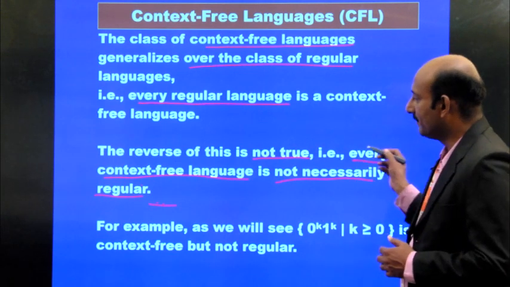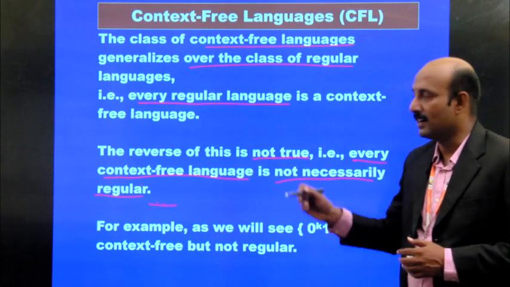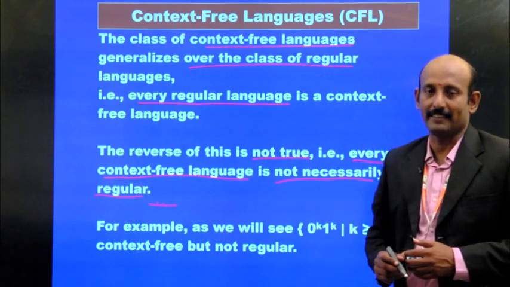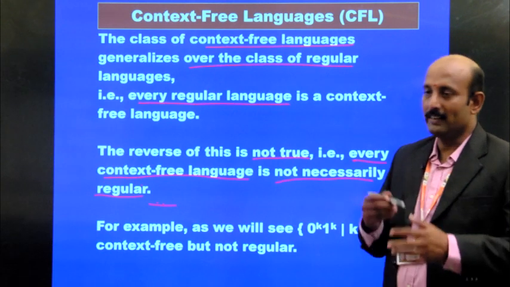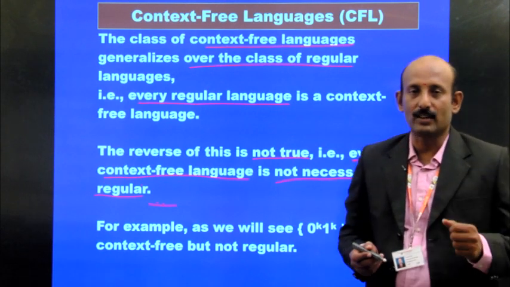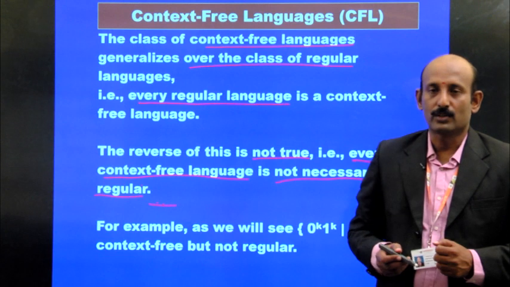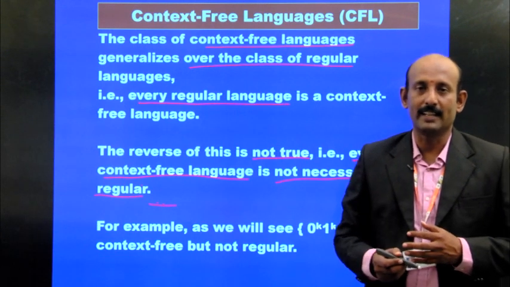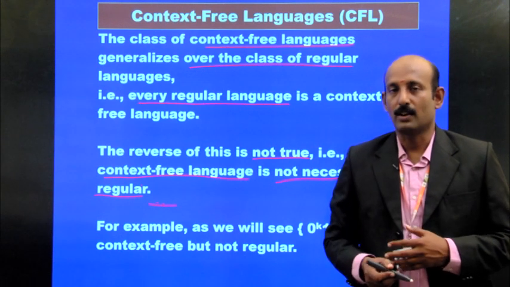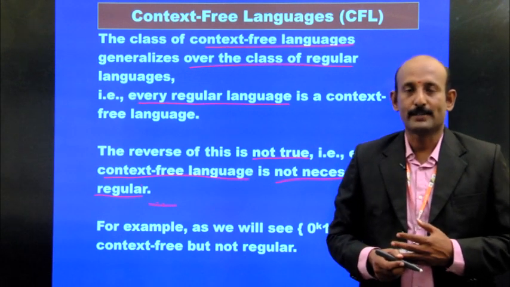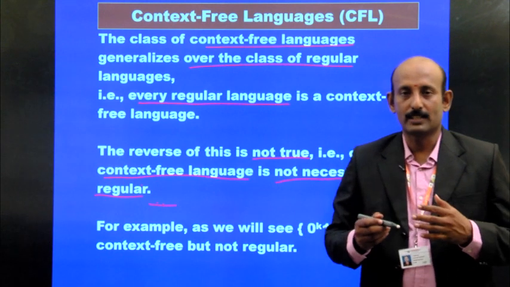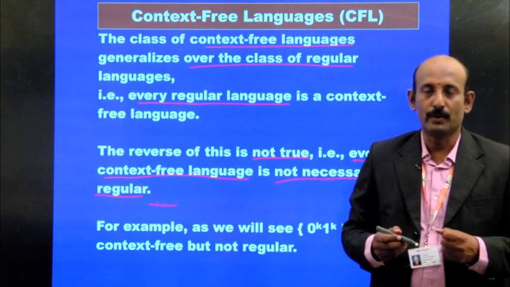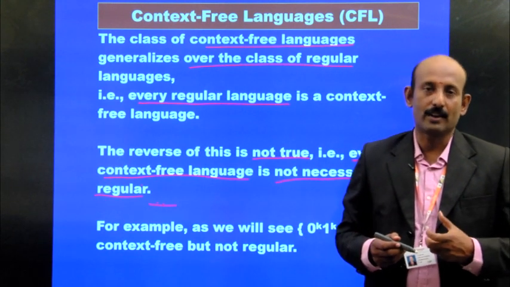So, how can we prove that a language is regular or not? We have to use the concept of pumping lemma, which is used to prove whether a language is regular or not.